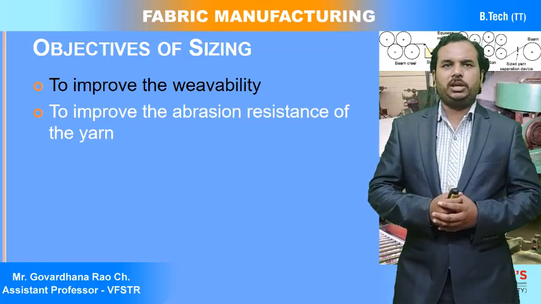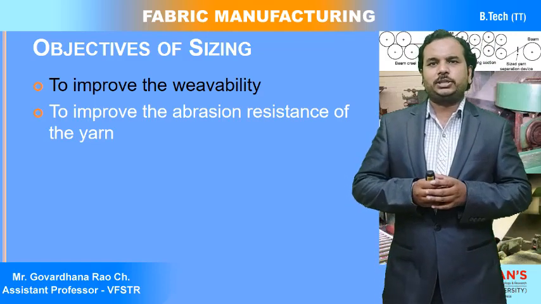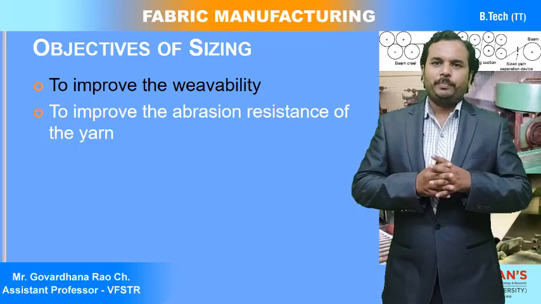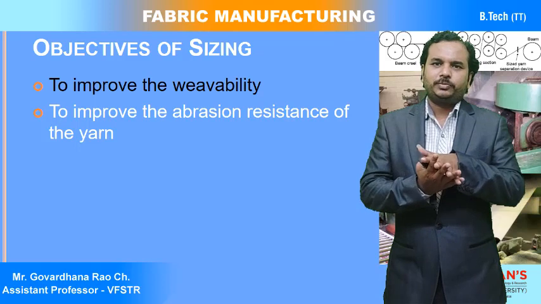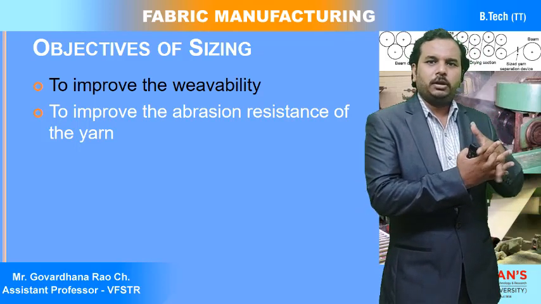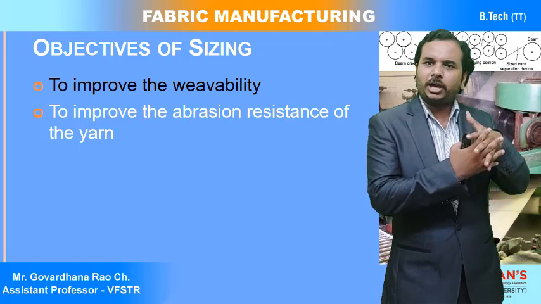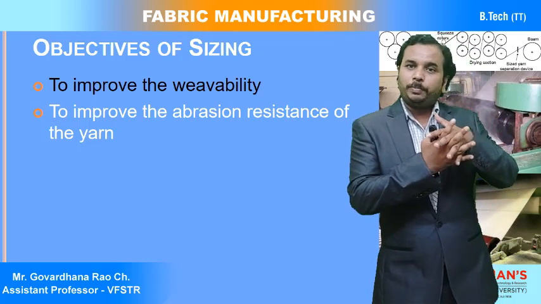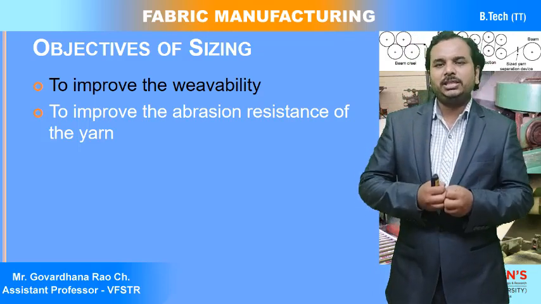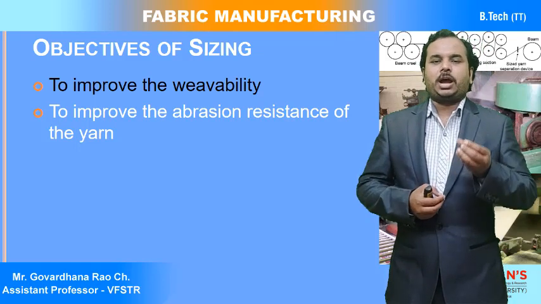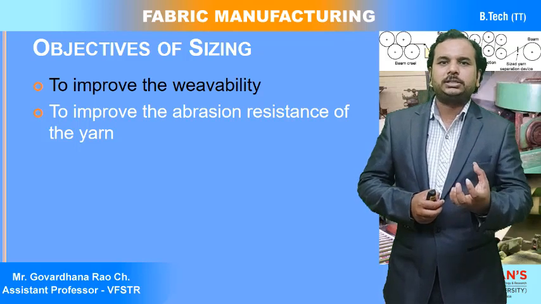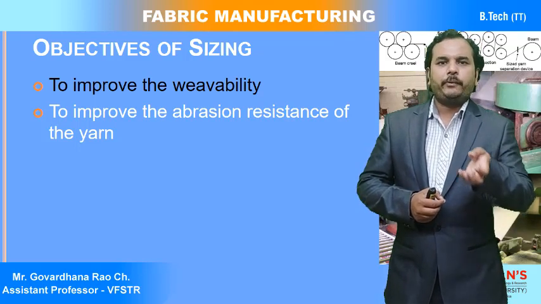And the second objective is to improve the abrasion resistance of the yarn. So what is abrasion resistance? Now there are warp threads, and these warp threads are moving up and down. When they are opening and closing, there is abrasion between yarn and yarn, and there are metallic elements or parts like heald wires and reed dents.